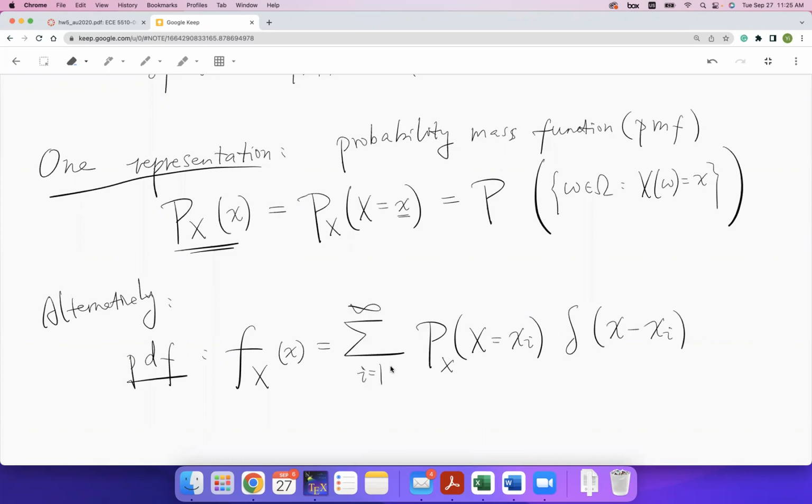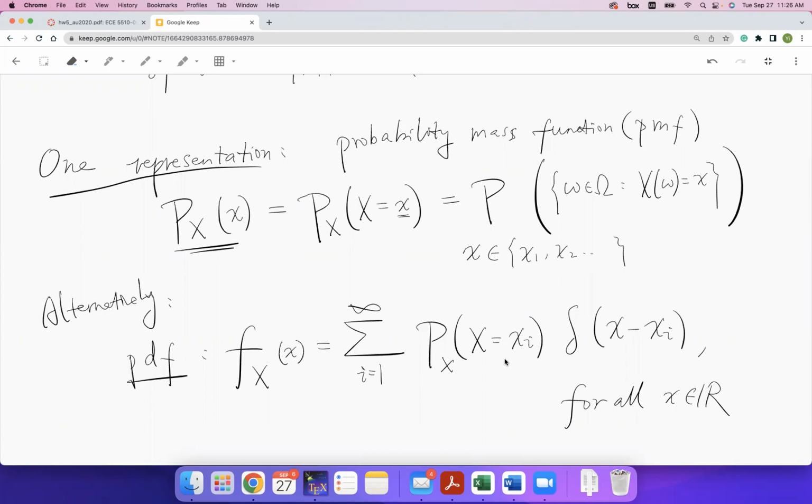And then we are summing over all the possible outcomes for this random variable. Then this PDF can be defined for all x. Whereas if you want to use this PMF, this x must be restricted to those discrete realizations, discrete outcomes.